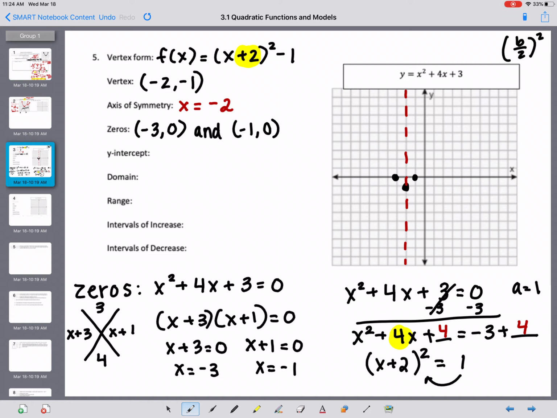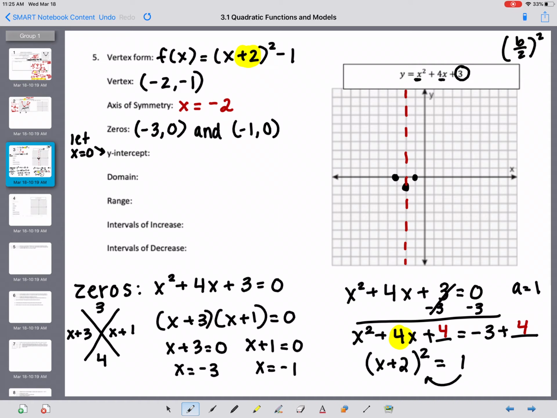Right. The next thing I want to find is including the y-intercept. The y-intercept is where this graph is going to cross the y-axis. The easiest way to find the y-intercept is to look at your standard form. The y-intercept is when you let x be 0. If I let x be 0, this will give me 0, this will give me 0, and I'm left with just the constant.